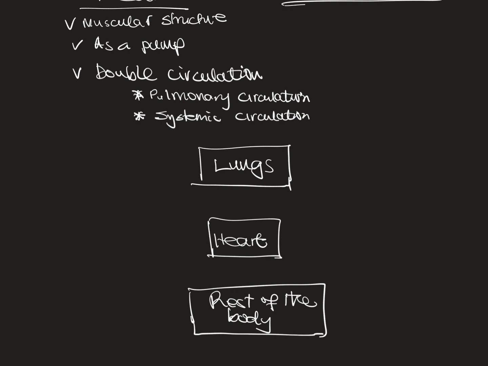Now, when blood is coming from the body to the heart, usually the blood is deficient in oxygen. So it needs to be oxygenated by the lungs and sent back to the heart so that it can go back to the body again. That is why the heart will send the blood to the lungs.